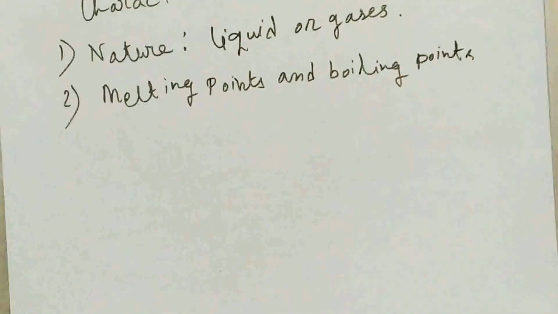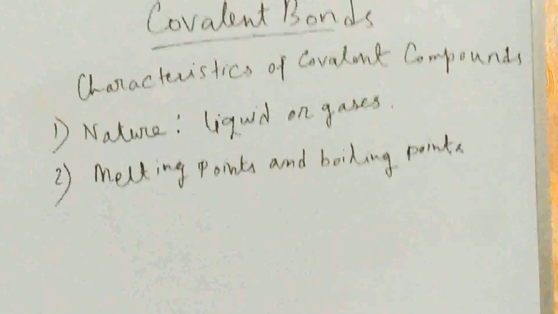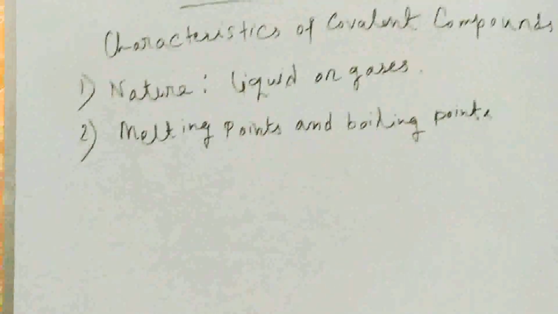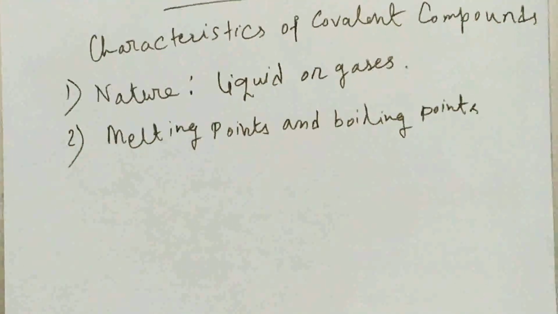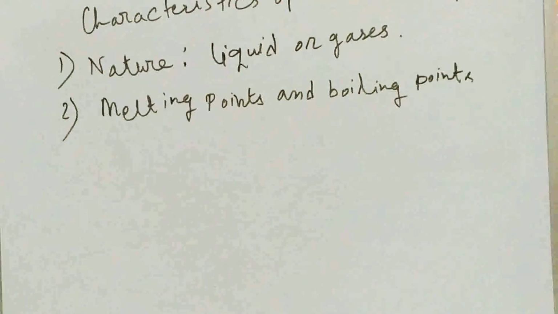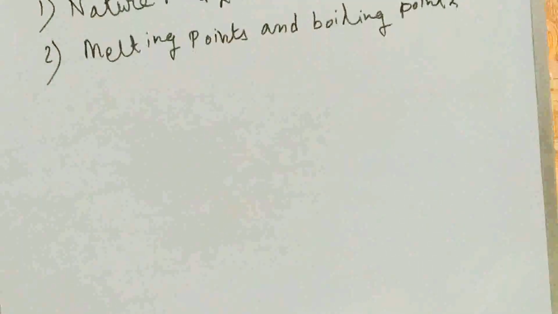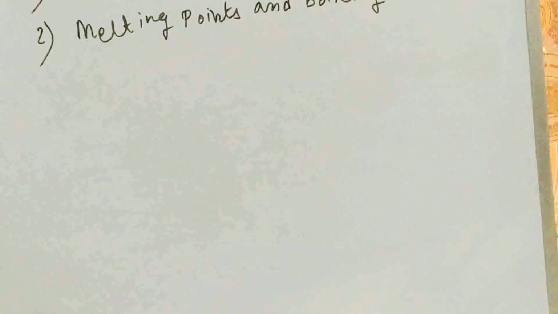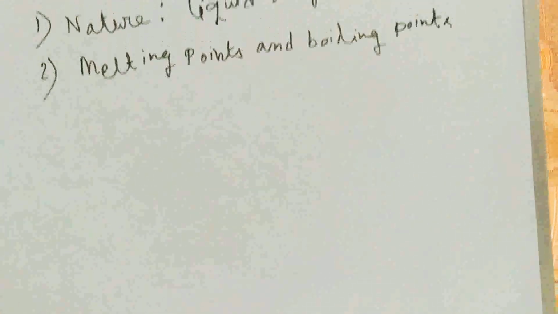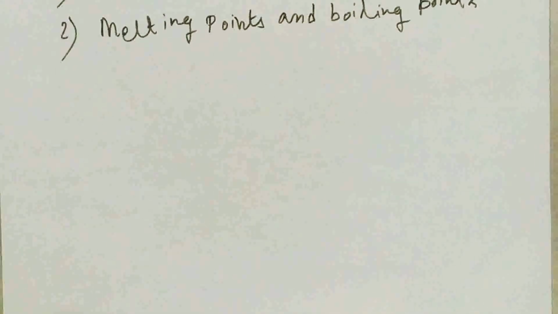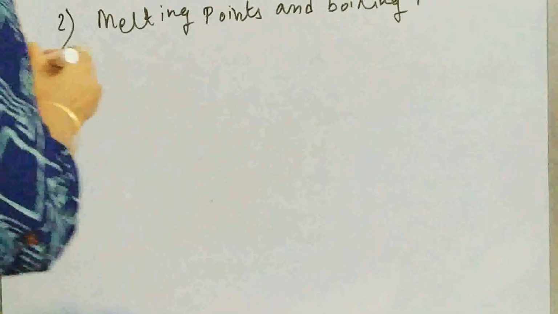So we have to put in lower heat energy to break the bond or to melt the substance, and the same for the formation of gaseous substance. The boiling points are also very low. So melting points and boiling points of covalent compounds are very low.